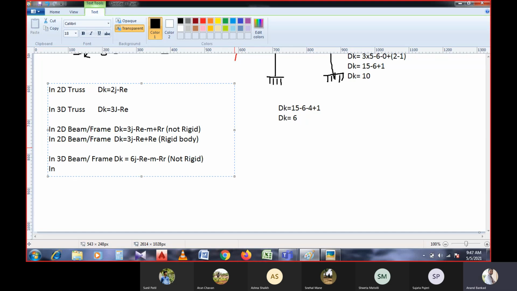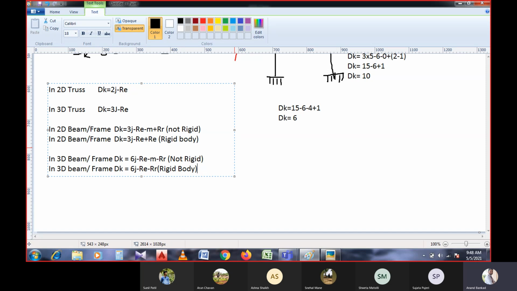Again, in the 3D beam or frame, DK value, if you consider 6 times the number of joints minus external reactions plus released reactions when rigid body.